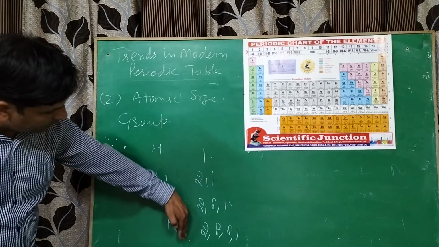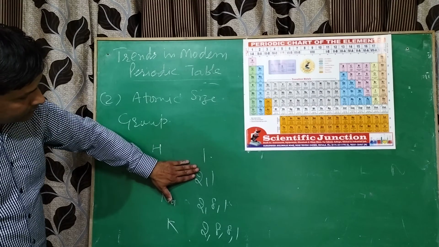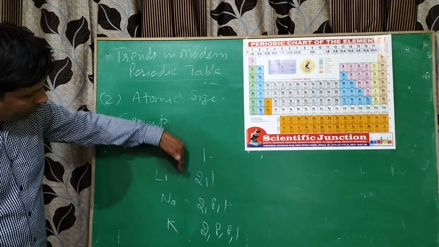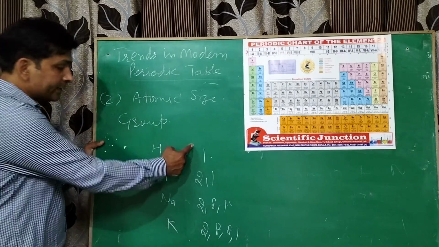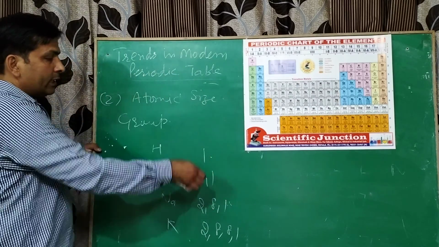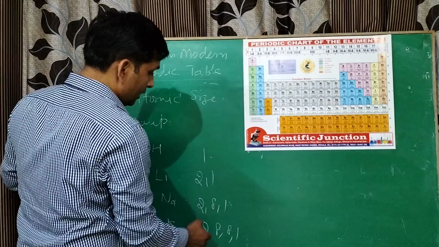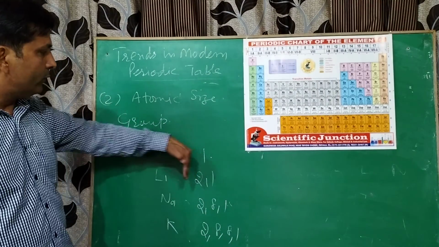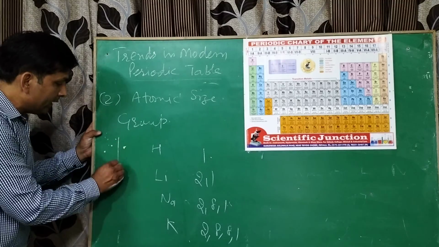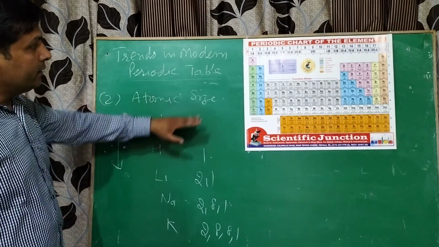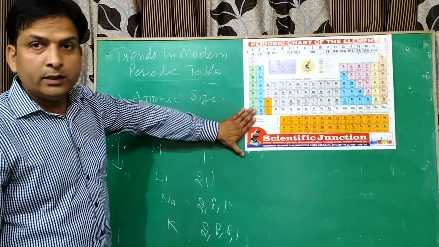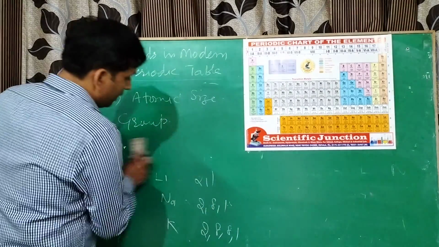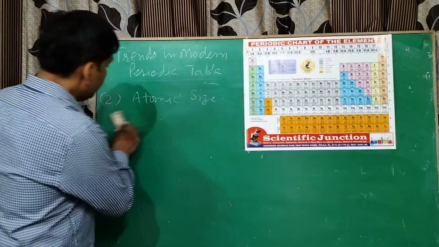When we go down in a group, the number of shells goes on increasing. Since the number of shells is increasing, their size will also increase. Therefore, when we go down in a group, the size increases. This was the trend in a group.